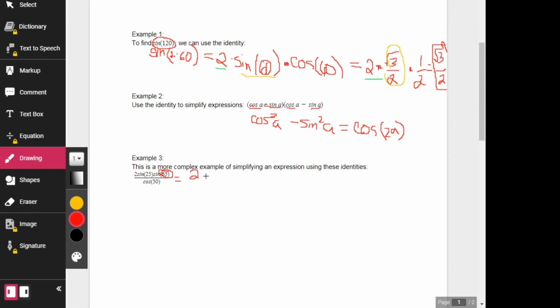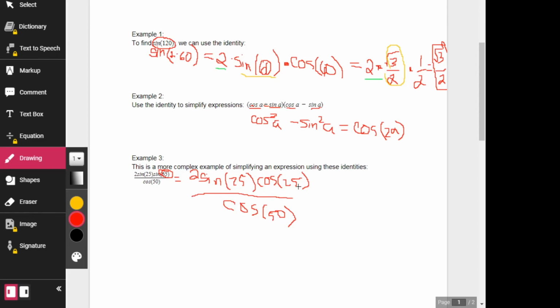So we actually have here 2 times the sine of 25 times the cosine of 25 over the cosine of 50. So now I can see this and I notice, you know what?